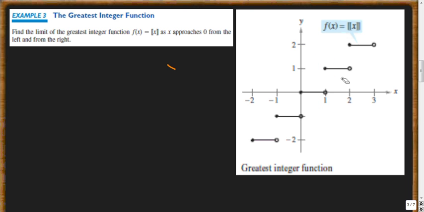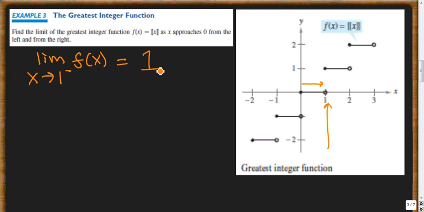Okay, so this point around 1, if we did the limit as x approaches 1 from the left side of f of x, okay, so we're coming from the left side, what number does it look like we're going to? It looks like we're going to the number 1. Or, excuse me, we're going to 0, right, because we're on the 0 line.